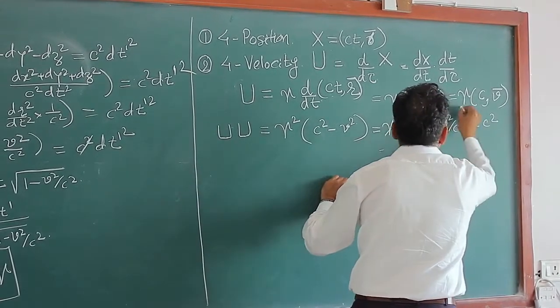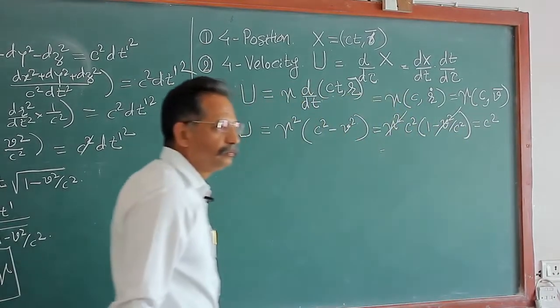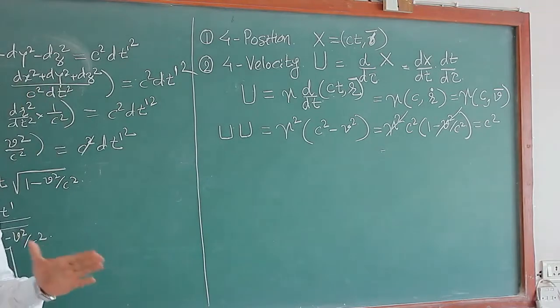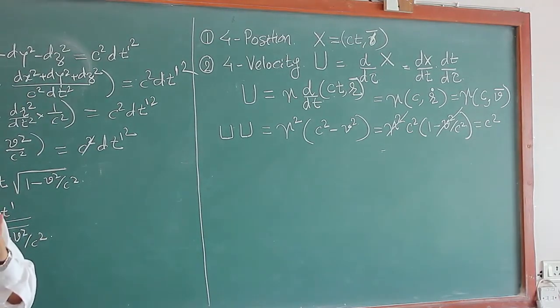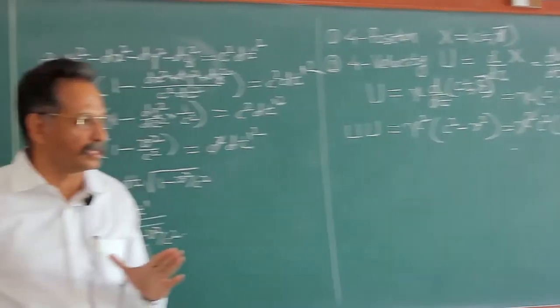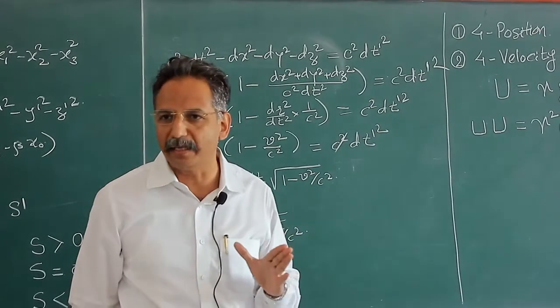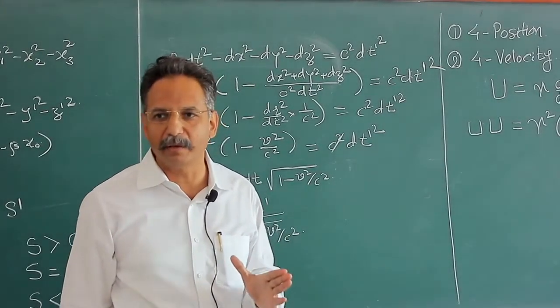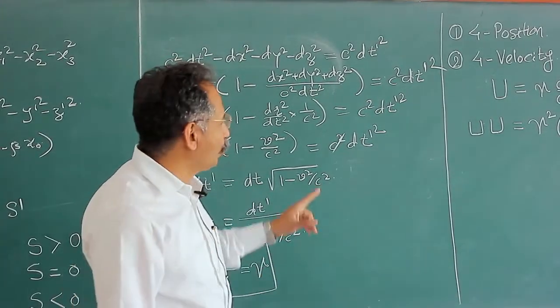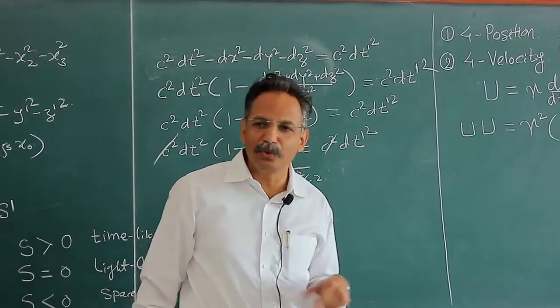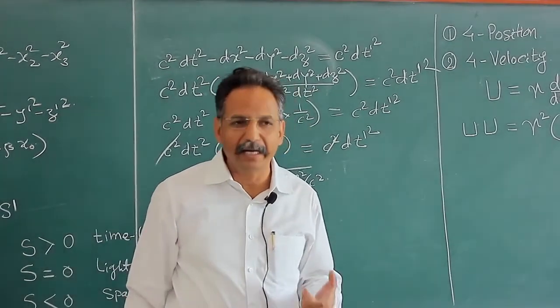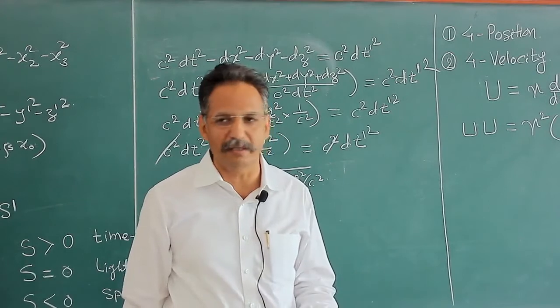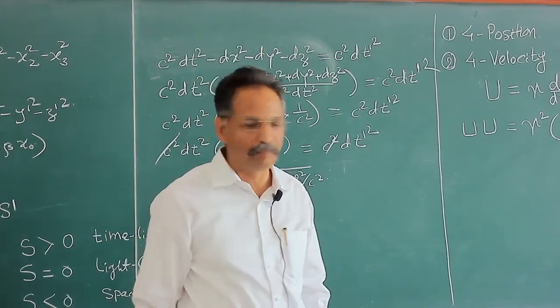So this and this will be cancelled. You already know that the velocity of light is an absolute constant, which is the second axiom of Einstein's special theory of relativity. So the inner product of u with itself is a quantity which is Lorentz invariant, which is universal.